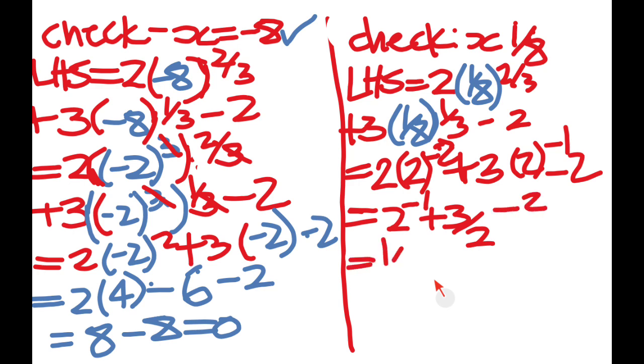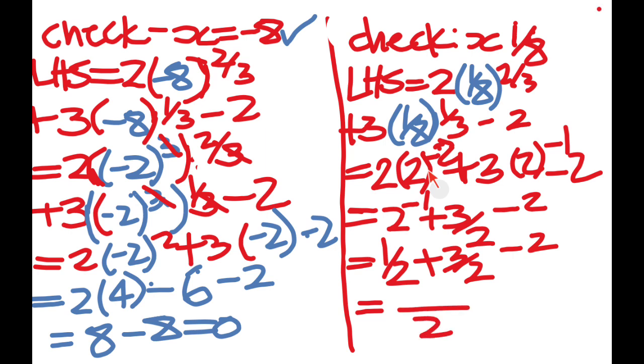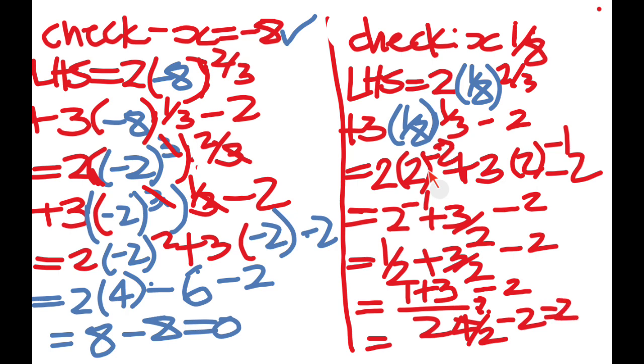So that is 1 over 2 plus 3 over 2 minus 2. Okay, common denominator, 1 plus 3 over 2 minus 2, which is equal to 4 over 2 minus 2. 4 over 2, that's 2. So that is equal to 2 minus 2, which is 0. So this one also checks out.